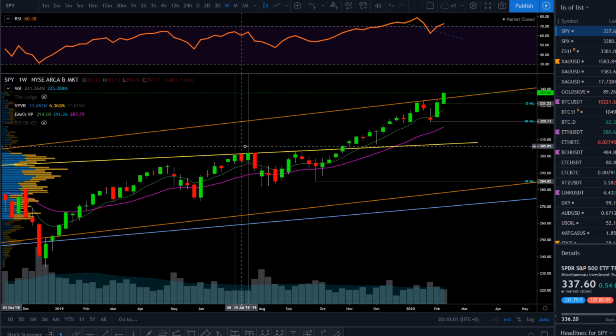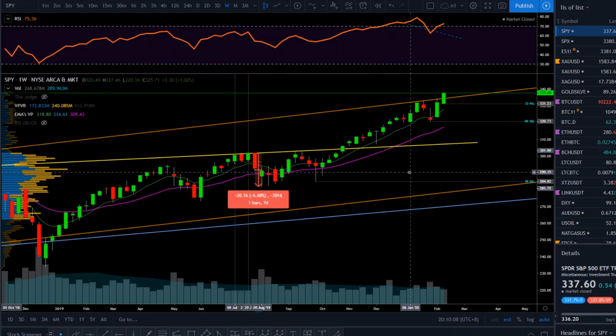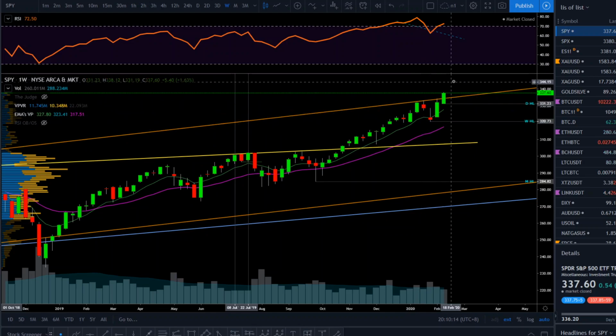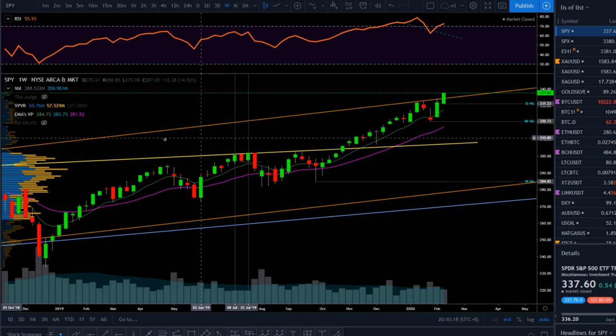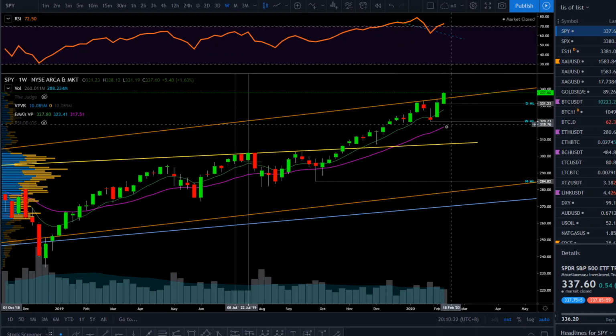So once we got both divergences, we had a nice little pullback here of 6.7%. You could argue we already had the pullback here, so yeah, we might have to account for that. But either way, we got this trend line here, and the bulls want to close above it, and so far they are above the trend line.